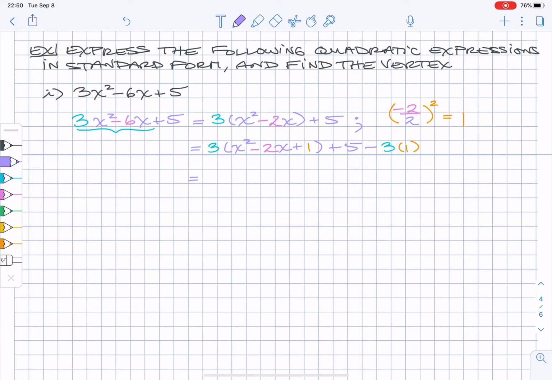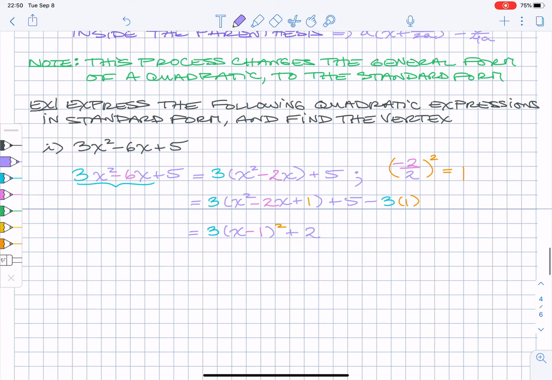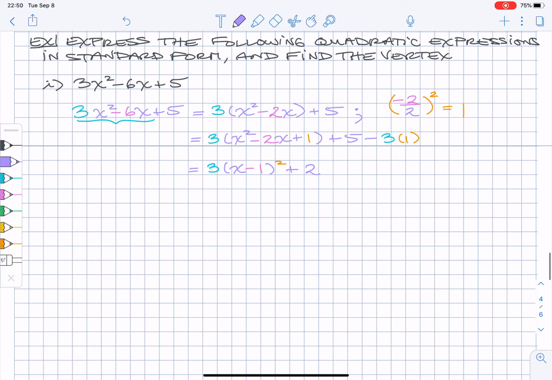So what this gives us will be 3 times x minus 1 quantity squared, and 5 minus 3 is 2. Now this is in standard form, and we can read the vertex right off of this.